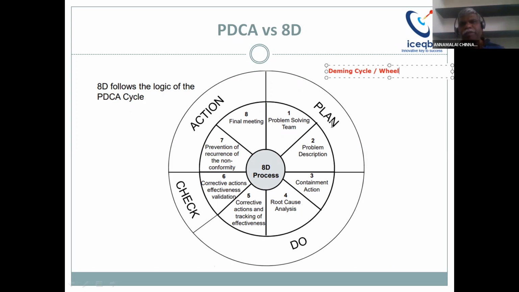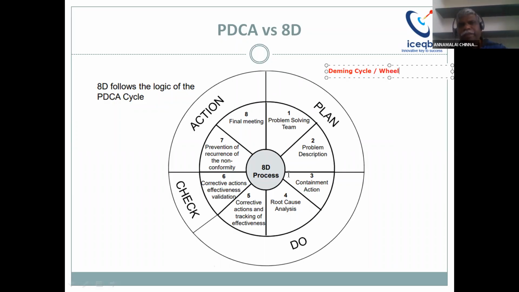Then once we plan it, we implement the plan. And then after implementing, we will have to check whether we are getting the improvement we planned. If there is a gap, again, we'll have to analyze what else we can do and take some action. So if you do this, again, we find that some small improvement is there. And then again, you continue doing it so that we are getting a continuous improvement.